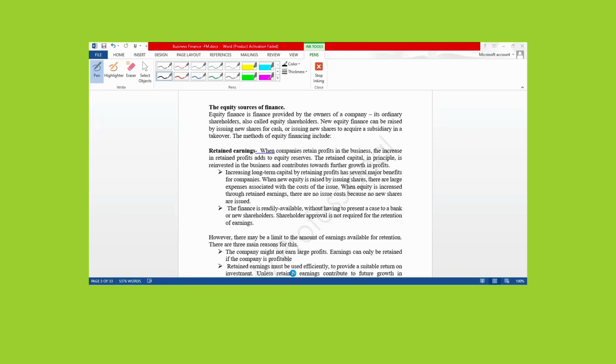But with retained earnings, the finance is available with you. So it's cheaper to use retained earnings than issuing new shares. These are the benefits of retained earnings.